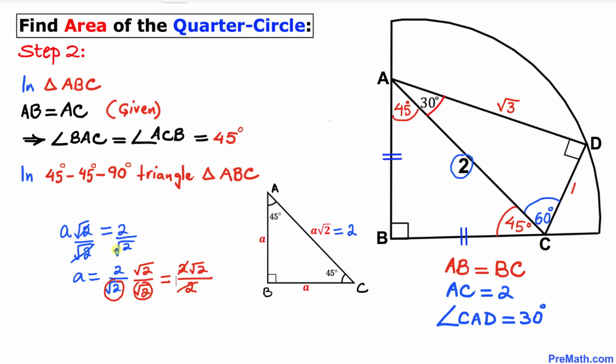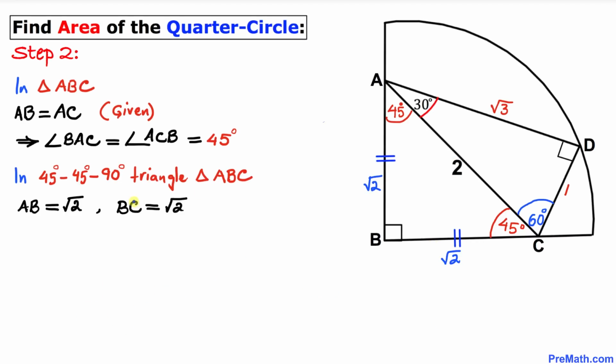So our A value turns out to be simply square root of 2. So this side is square root of 2 and this side is square root of 2 as well. Therefore our sides AB and BC turn out to be square root of 2.